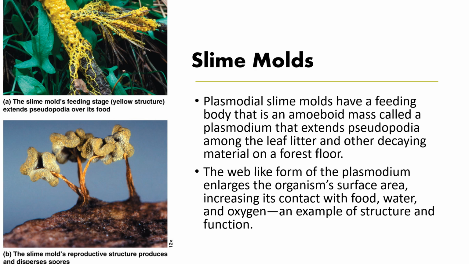They will kind of enlarge and increase the surface area that they're extending, and they can come into contact with food, water, and oxygen to help them. This bottom picture is actually the reproductive structure of the mold, and when it's going to go through the reproductive time, it's going to actually kind of build this other structure that will disperse spores.